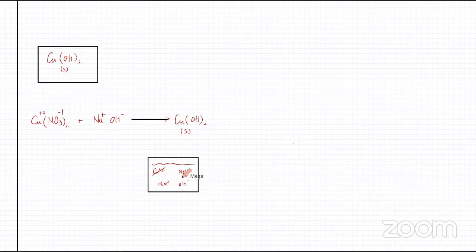So copper and OH ions form something that is insoluble, so that will settle at the bottom as a solid salt, as a precipitate. In the solution, all group 1 compounds are soluble, so Na and NO3 remain part of the solution, and they're going to be aqueous. Okay, is this clear? Yes.